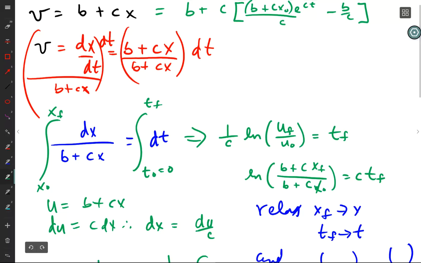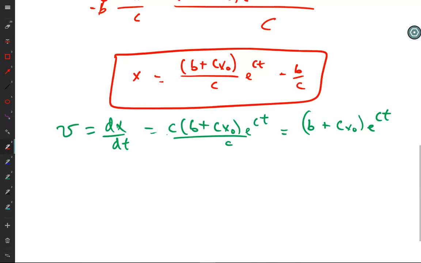Notice this c out front will cancel in each term. I'll have a b minus b, so those b's disappear. So b plus cx0 all times e to the ct. B plus cx0 all times e to the ct.